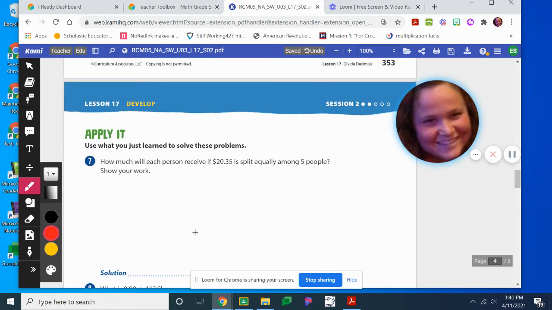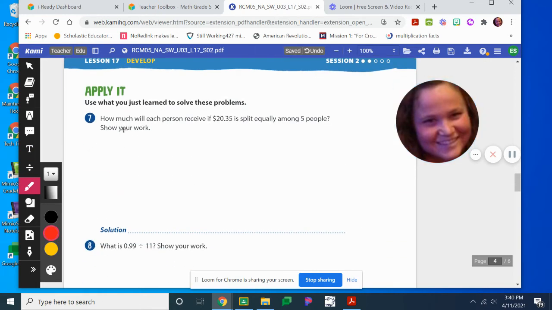Cross this off and we're going to apply it. So it says, how much will each person receive if $20.35 is split equally among 5 people? Show your work. So our problem is 20.35 divided by 4.